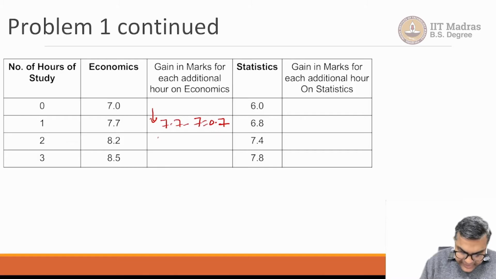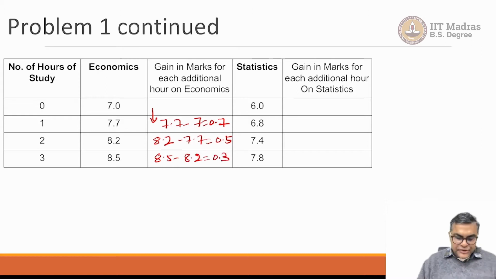If you study 2 hours of economics, this last hour that you spent, the gain is 0.5, and here the gain is 8.5 minus 8.2, that is 0.3.